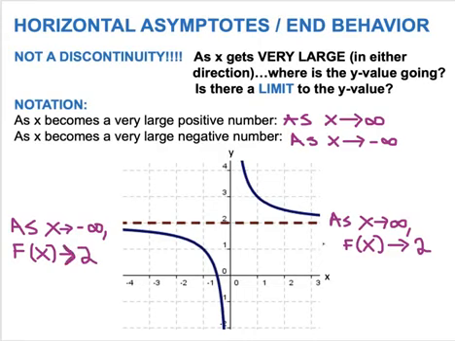Another way we can word that is to say that the limit of the function as x approaches positive or negative infinity is 2. We can just use a capital L to stand for limit. So the limit equals 2 on both sides.